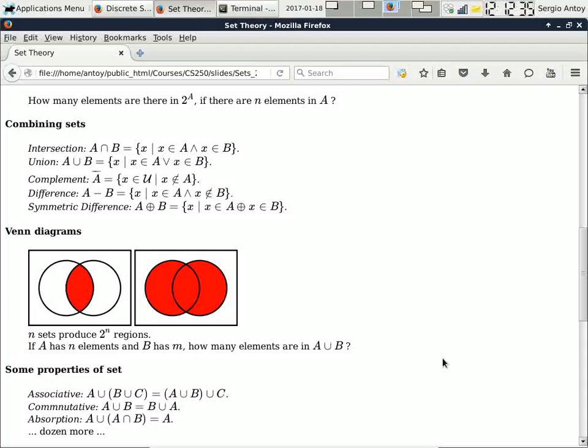How would you reason about this? You would reason with the Venn diagram, right? So let's draw it, and then you tell me what are the various parts.